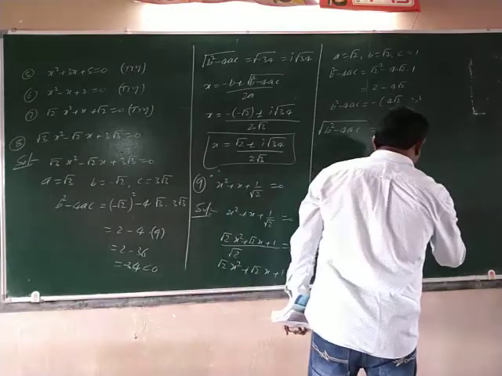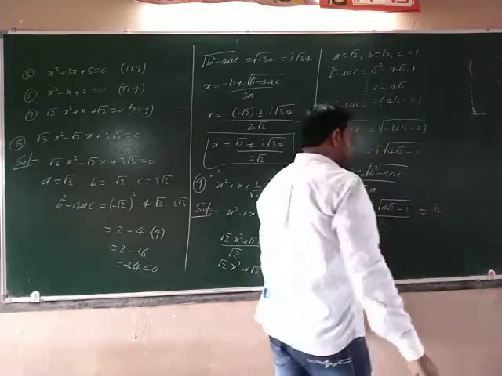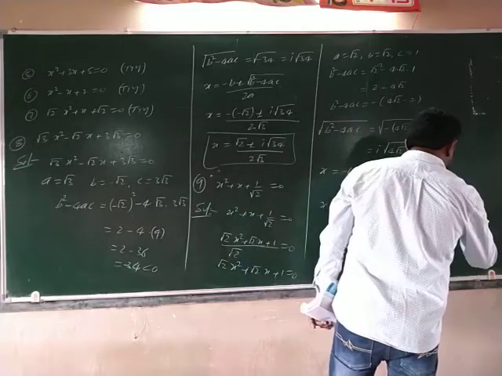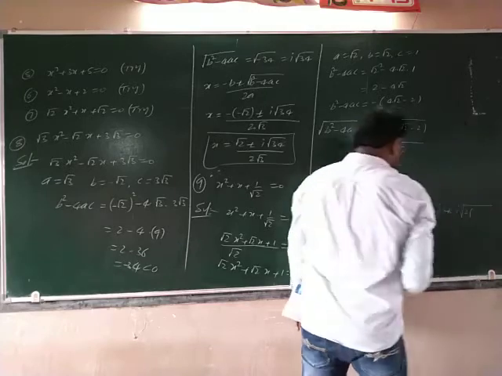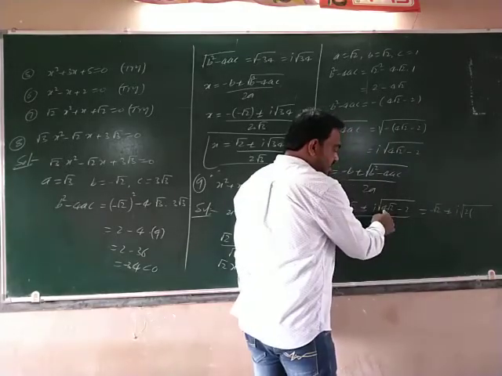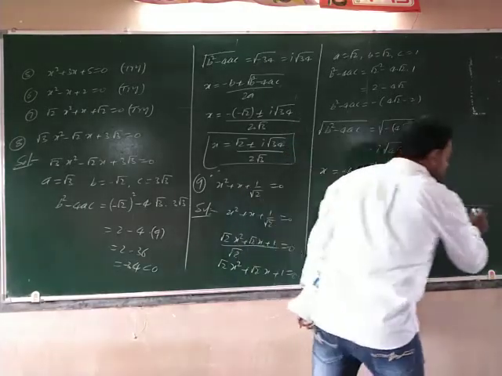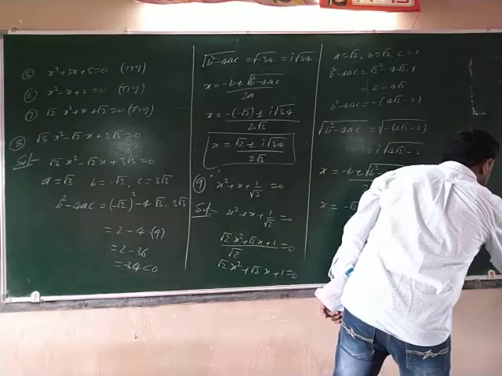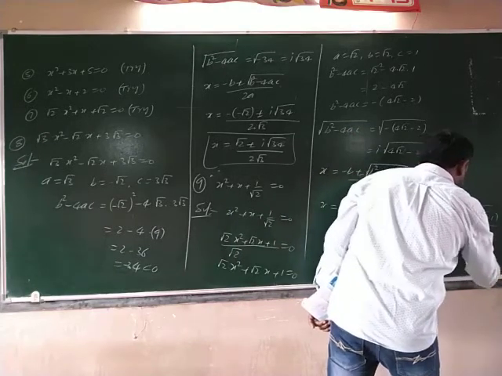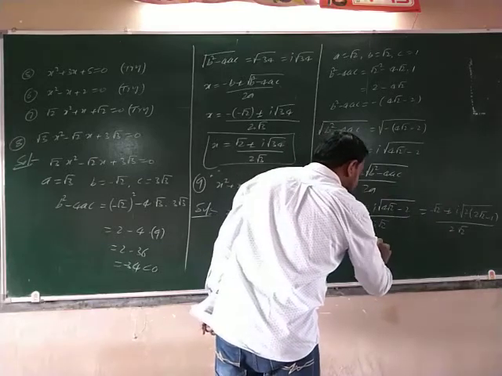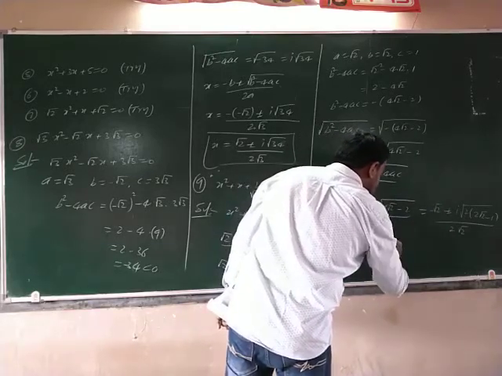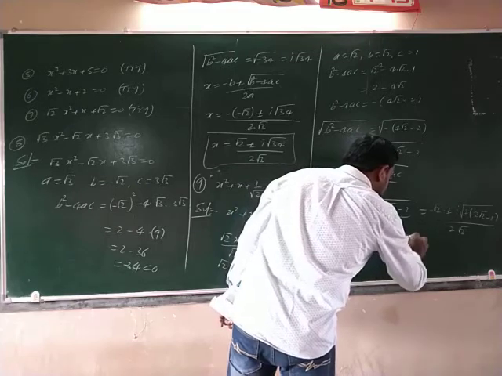So this is equal to minus root 2 plus or minus i into square root, in which I am taking 2 common. So what are you getting here? 2 root 2 minus 1. So 2 root 2 minus 1 by 2 root 2.